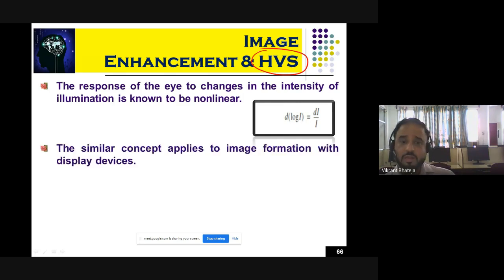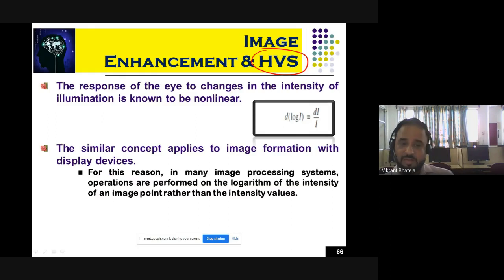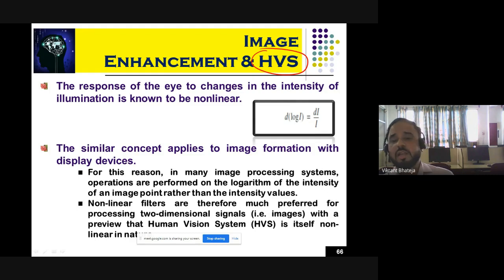The same concept, where the logarithm of the intensity ratio is used, is applied when you are talking about designing or image formation in display devices. And this certainly gives us an impetus as to why non-linear filters are much preferred for image processing.